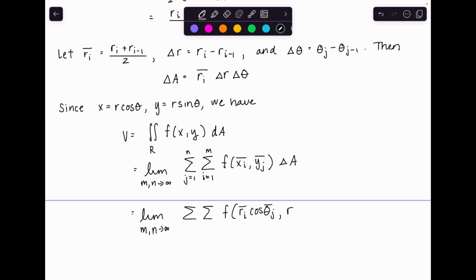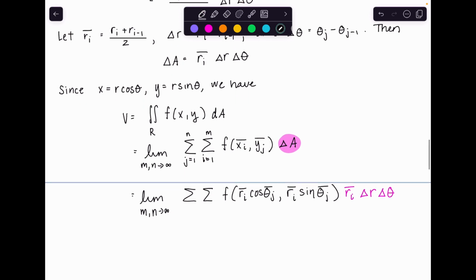And same thing in the y component. The y is replaced by r sine theta. And we can say it's the midpoint of each of those values. Now, this delta A, however, in terms of r and theta, becomes the midpoint times delta r delta theta. Okay.